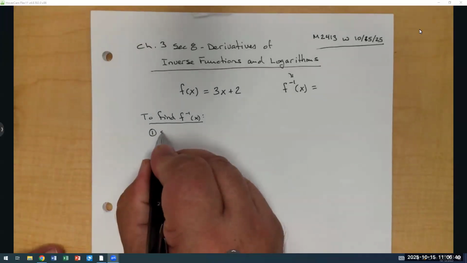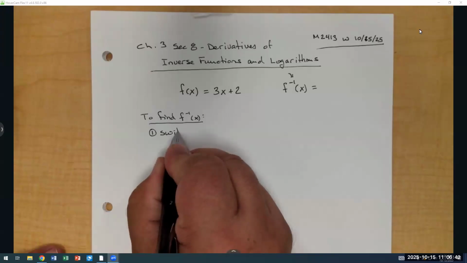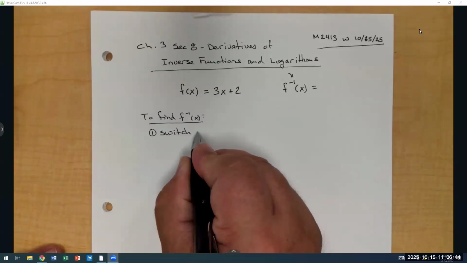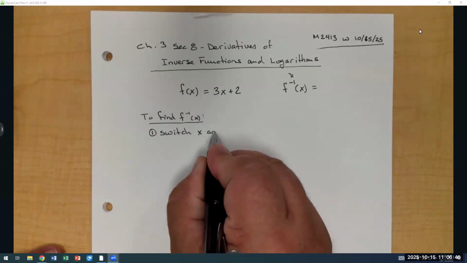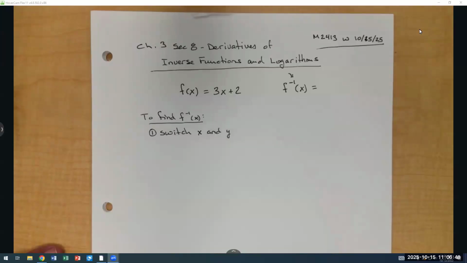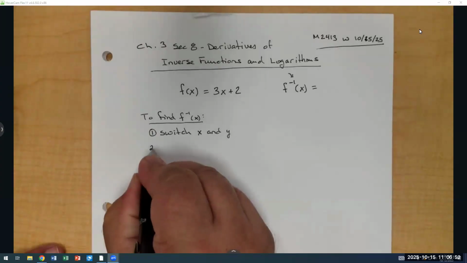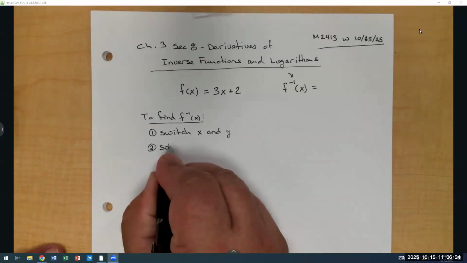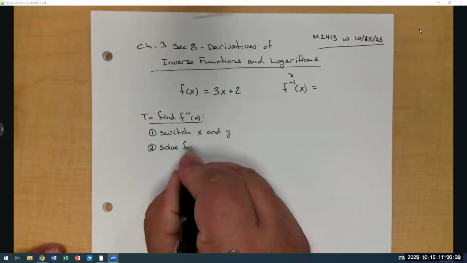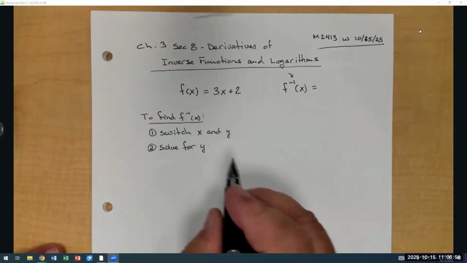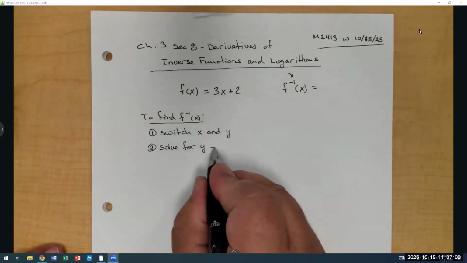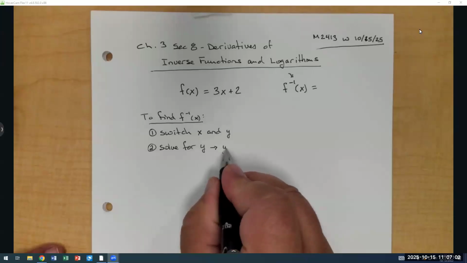First step, you switch x and y. And then the second step is you solve for y. That y will become your inverse.